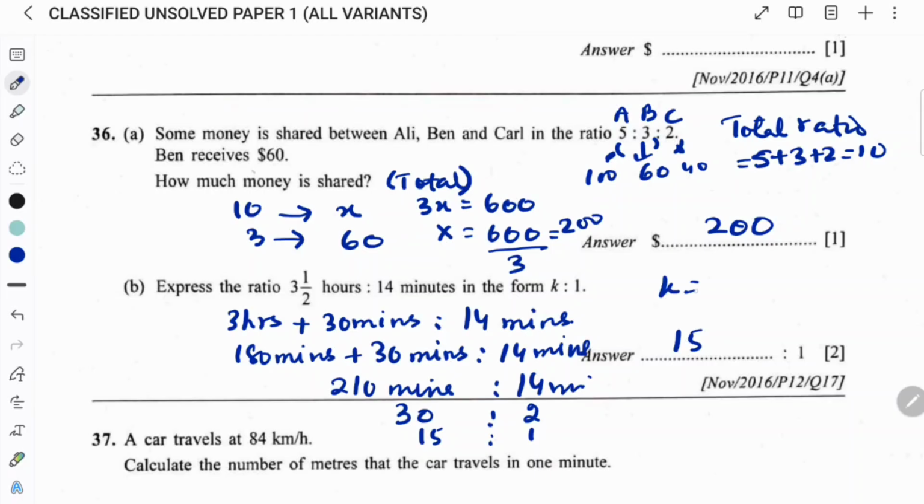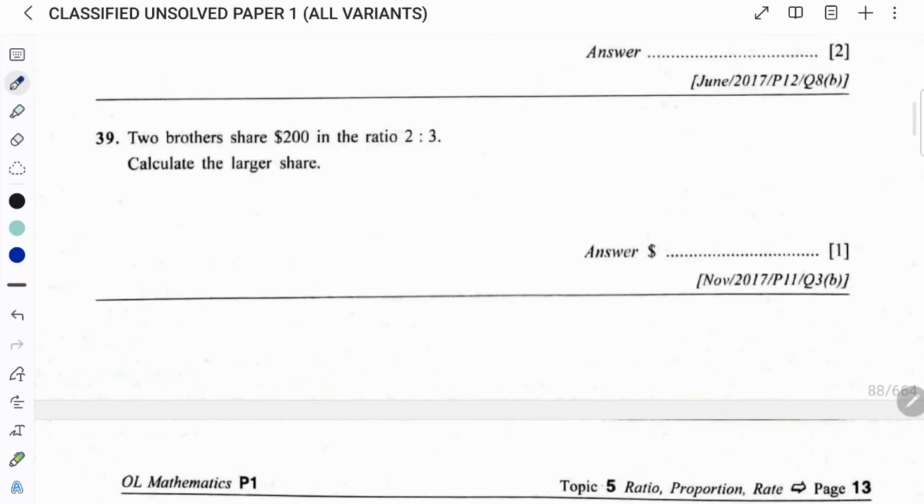So k will be equal to 15 because they were asking us to find the answer in the form of k to 1. So we found 15 to 1. Very simple question. Now question 39. Two brothers share $200, which is the total. So the total ratio is 2 plus 3, which is 5, and that is giving $200.